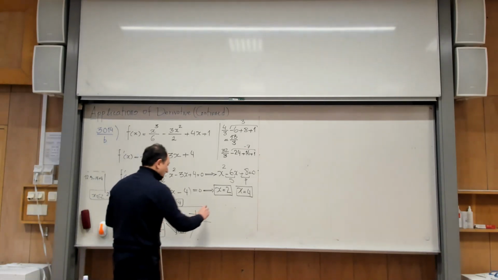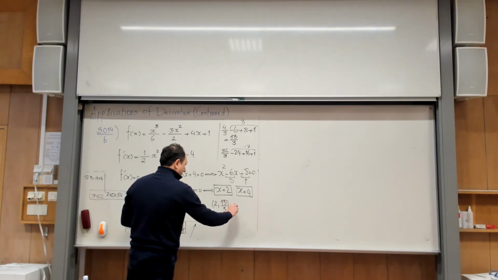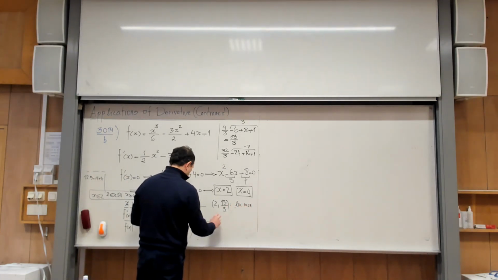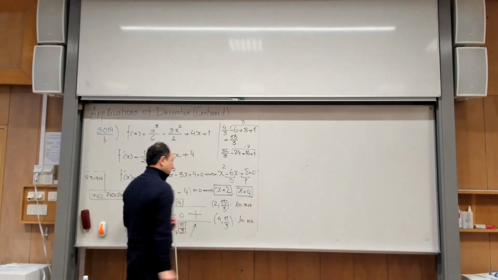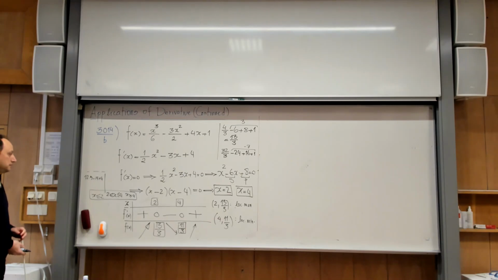So 2 and 13 over 3. What type is that one? Local max. Yes. And then this one, 4, and this is a local min. And that's exactly what we are supposed to solve for this problem.